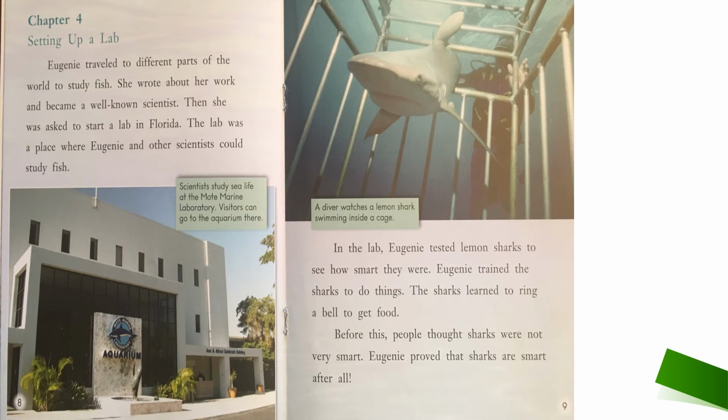All right, let's practice our cause and effect. What was the effect of Eugenie training the sharks to do things? Like, what happened because Eugenie was training the sharks to do things? Look at your text.